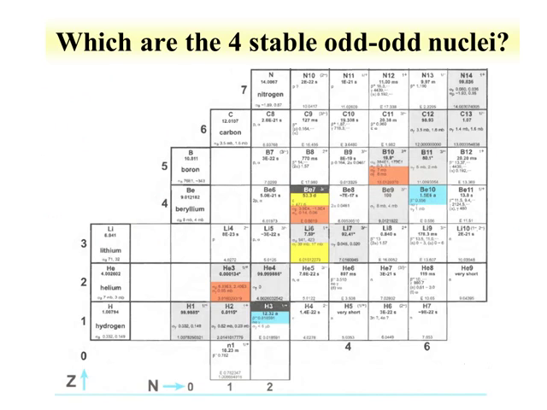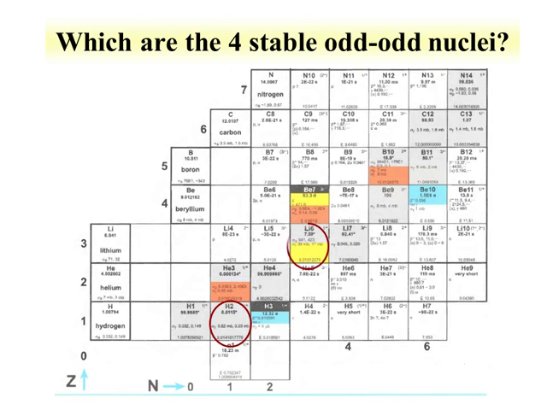As an aside, we can examine the 4 stable odd-odd nuclei. Here's the first part of the chart of the nuclides. Odd Z elements, hydrogen, lithium, boron, nitrogen, are listed here. So one odd neutron, odd proton, stable isotope is hydrogen-2, deuterium.